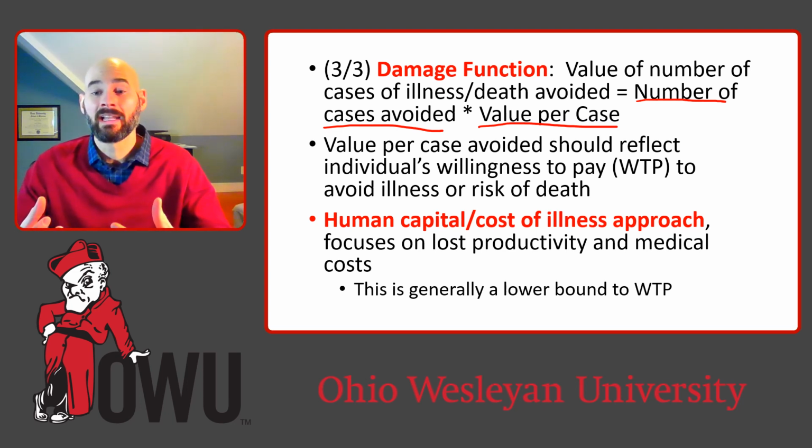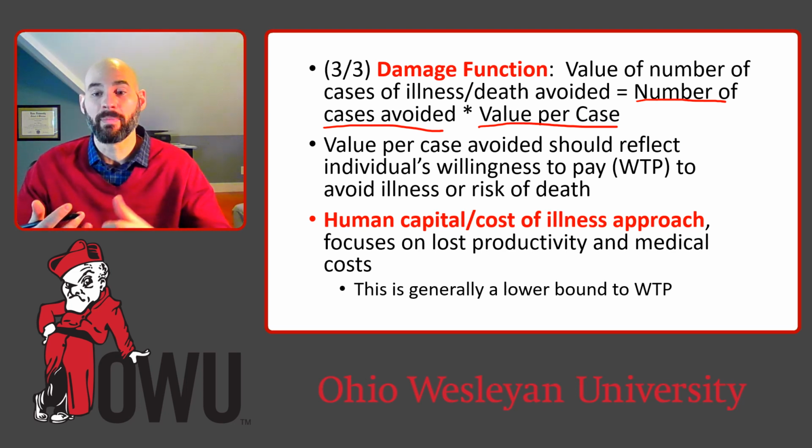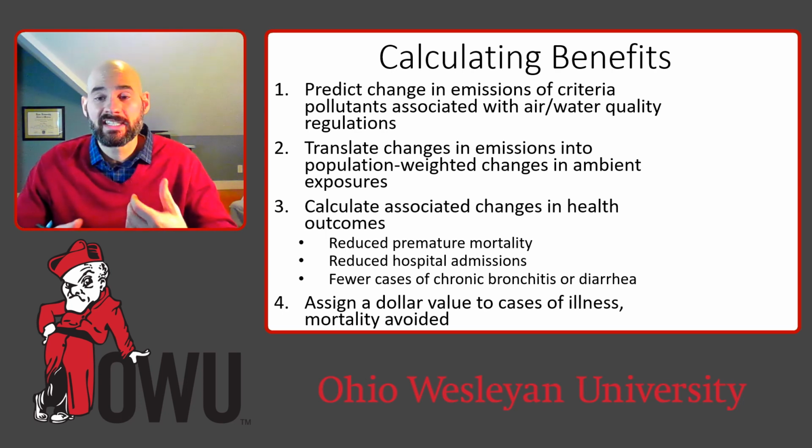We're doing it as a way to represent the costs imposed by a pandemic, or the costs imposed by pollution, or the benefits of effective control of a pandemic, or the benefits of effective control of pollution. So when we now take a look at the 4 steps needed to calculate benefits in the cost-benefit analysis, we'll see some of those terms reappear in just different ways of phrasing them.